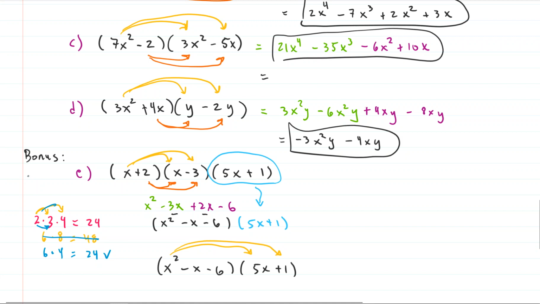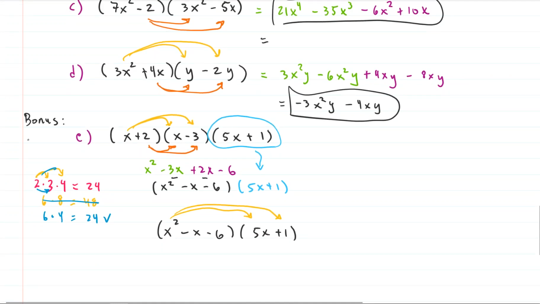So I have x squared times 5x, x squared times 1. Let me write that out as I'm doing this. So x squared times 5x is 5x cubed. X squared times 1 is x squared. Now let's do the next term, orange.